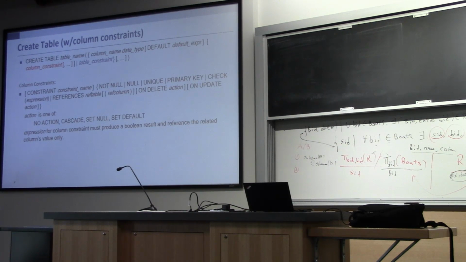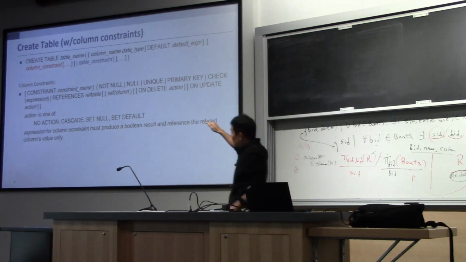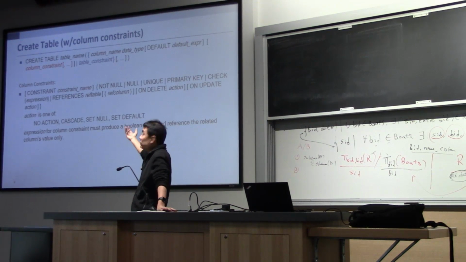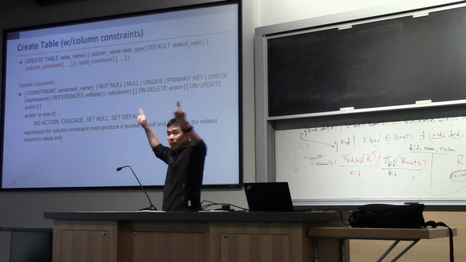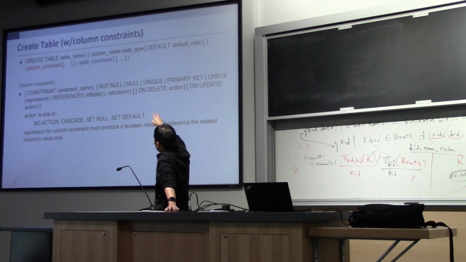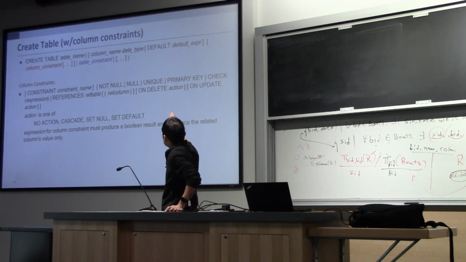Now, that being said, the convention is I have create table, the system reserved keyword, followed by a user supplied parameter value called table name, followed by a bracket. Inside the bracket, I have a list of column names and data types, and potentially a default value.